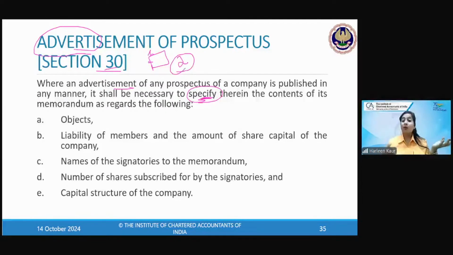So again, a thumb rule, don't leave any line written in your ICAI module. Whatever is written in the study material is the Bible for you. You're not required to go outside the study material and search for a lot of material. Whatever is given in the study material, that information is a must for you. You can definitely refer to the Act.